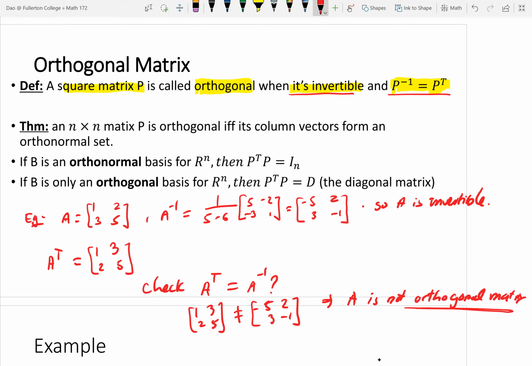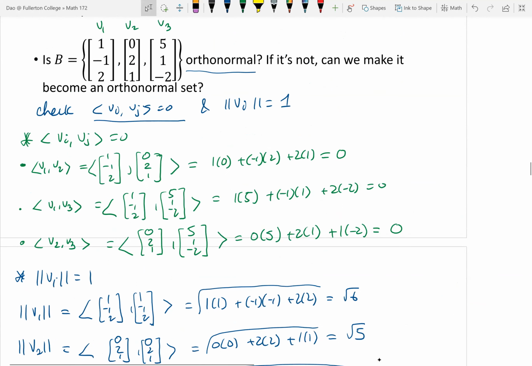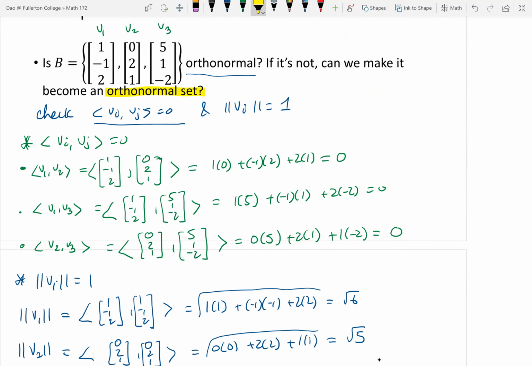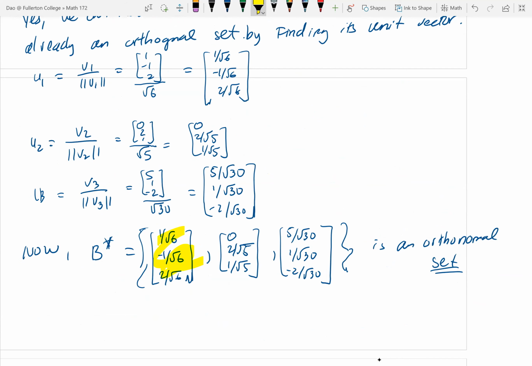All right. So now how can we form an orthogonal matrix? Here's the theorem. An n by n matrix is orthogonal if and only if its column vectors form an orthonormal set. So that brings us back to this one up here. It has to be an orthonormal set. So the three vectors up here will not form an orthogonal matrix, but the three out here will.